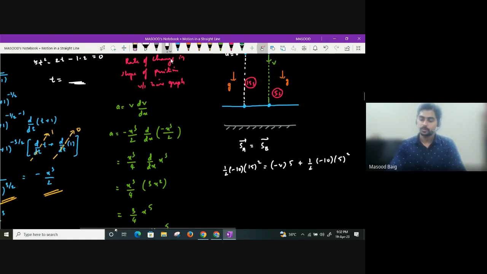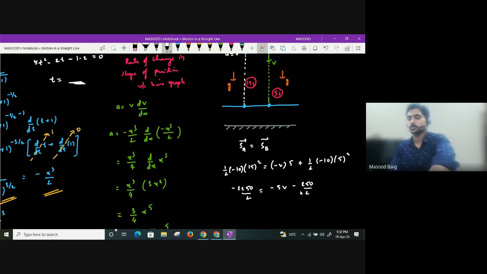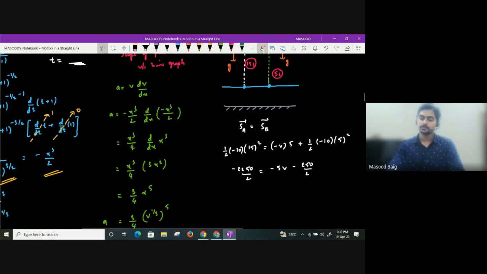What are we going to get from this? 15 square is 225. 2250 by 2 you can write. Minus 2250 by 2 will be equal to minus 5v, and minus 250 divided by 2. So what are we going to get 5v value as?